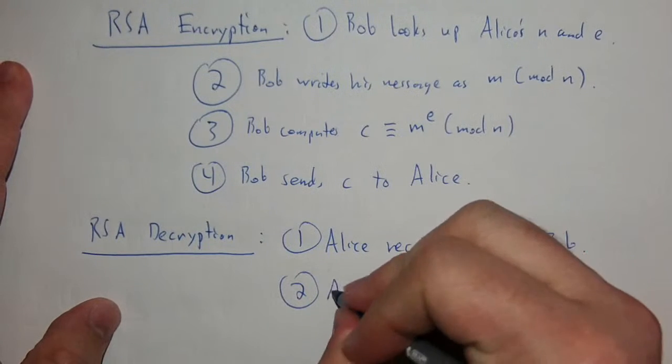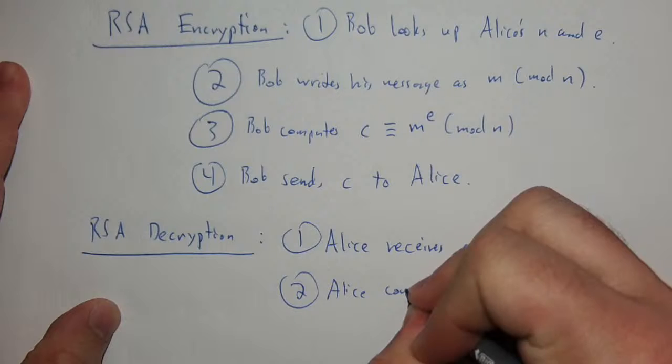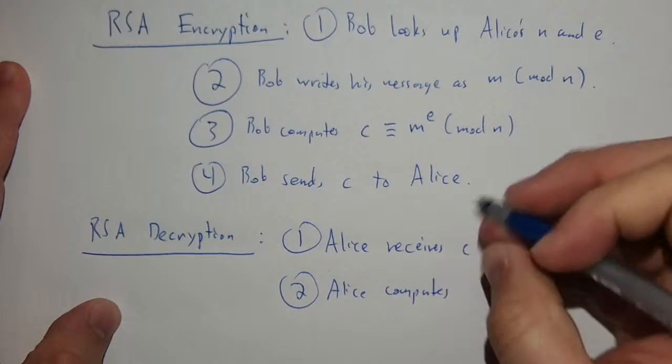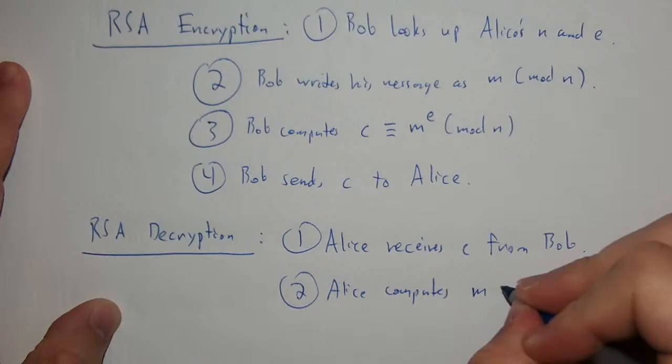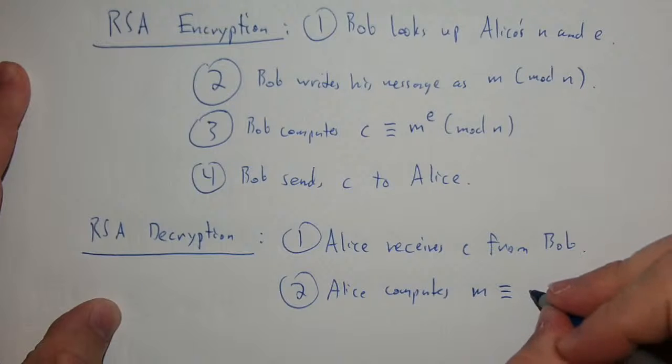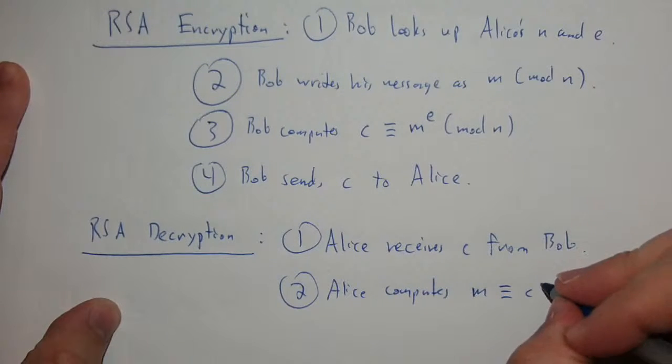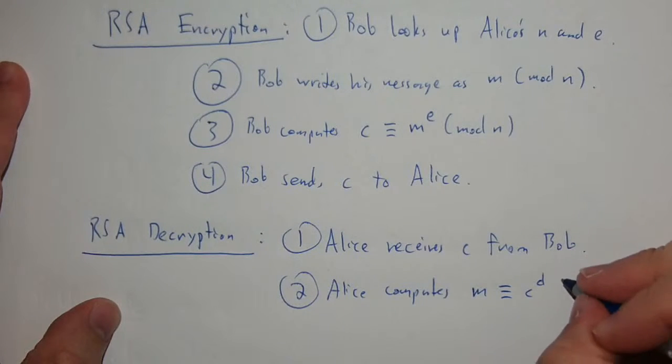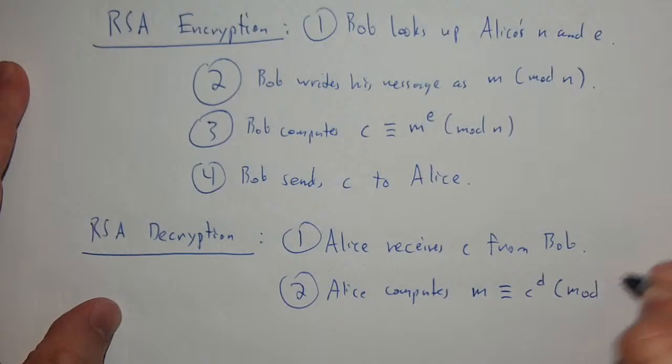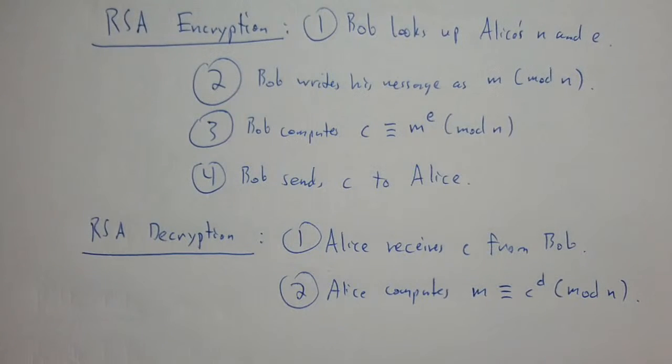And secondly, Alice computes m, which can be computed by taking the C and exponentiating it to the decryption key, mod n. Okay. And so that's the process.